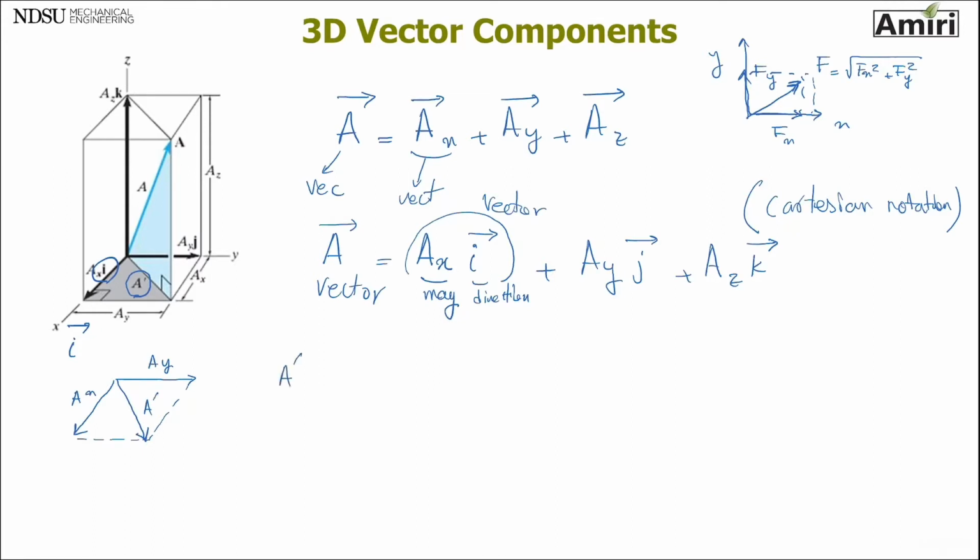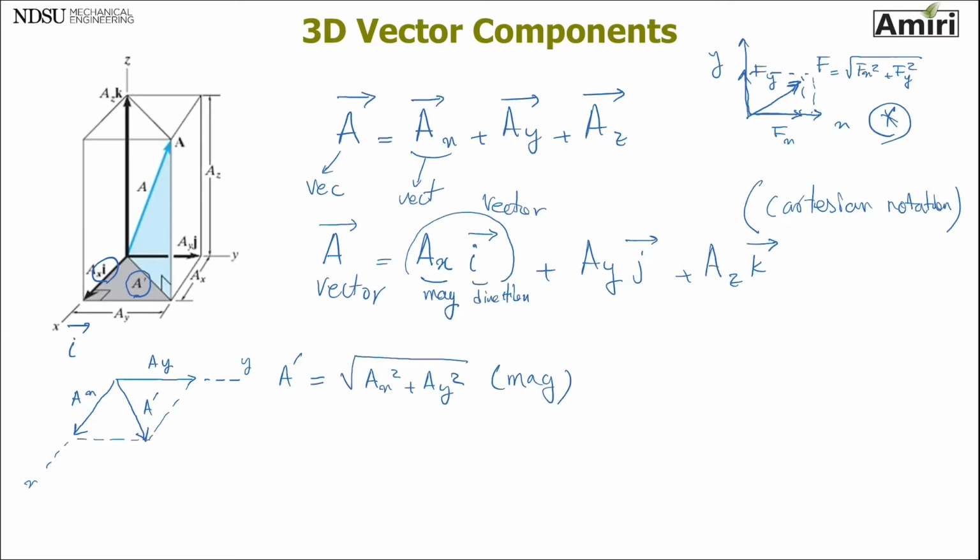So similar to up here, if it was only an x and a y, which is exactly here, just laying flat, the magnitude of a prime would have been ax squared plus ay squared. Again, this is magnitude. Okay, so we established the magnitude of a prime.